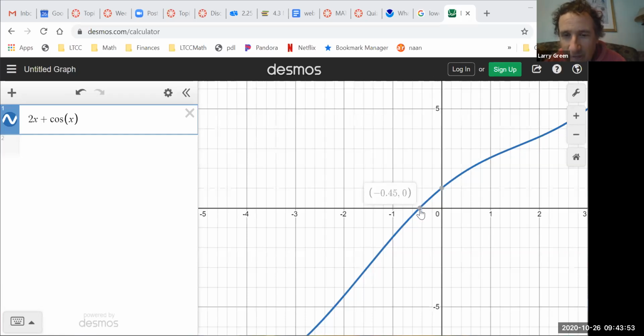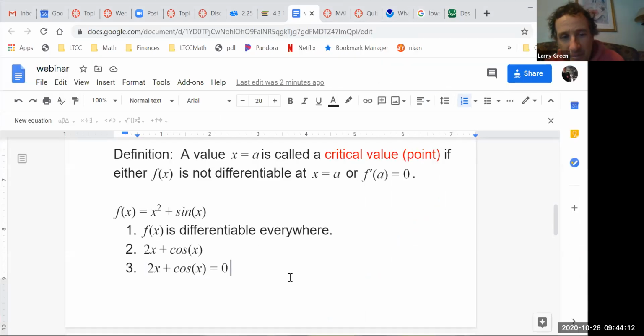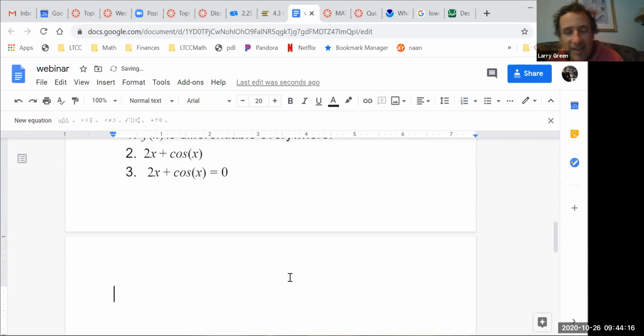At around negative 0.45. I'm sure you're all thinking that before I graphed it, but it's not exactly negative 0.45. Okay, that's just 2 decimal places of accuracy. So the point is that setting equal to 0 could be hard. So I want to give you that big warning, that it is troublesome. But there are ways of approximating. One is graphing and visualizing it and saying good enough.